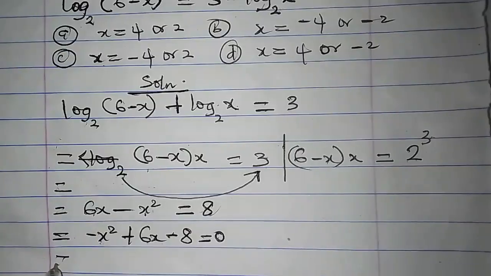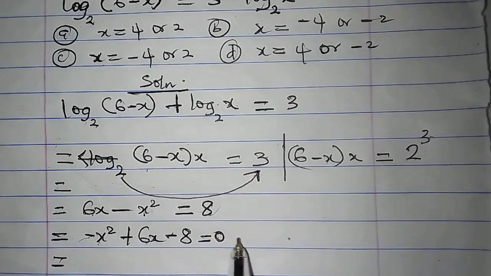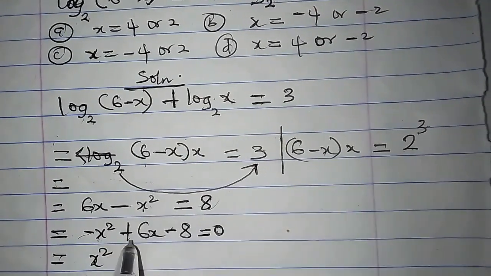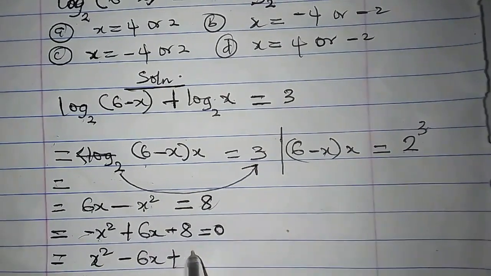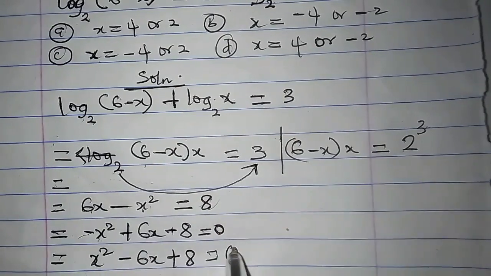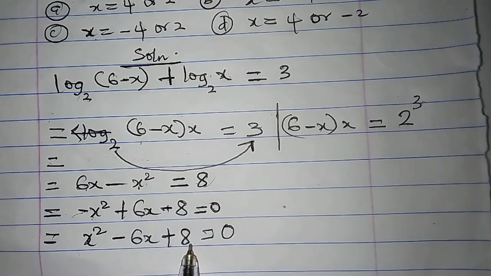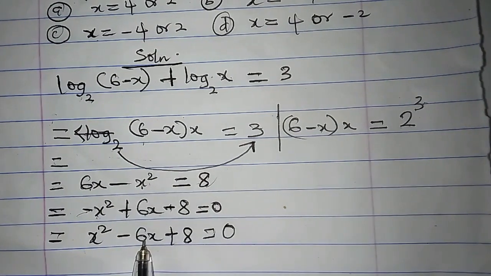Right? What I'll do now is to eliminate this minus sign. I'll divide through by minus, and the result will be this: x squared minus 6x plus 8 equal to 0. So I need two numbers that I will multiply to give me 8 and add to give me minus 6.